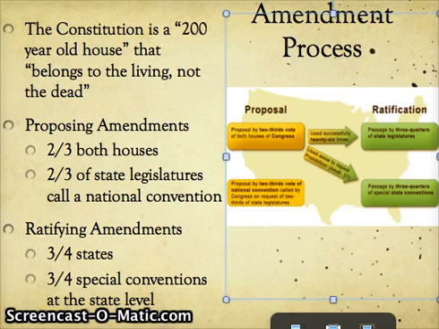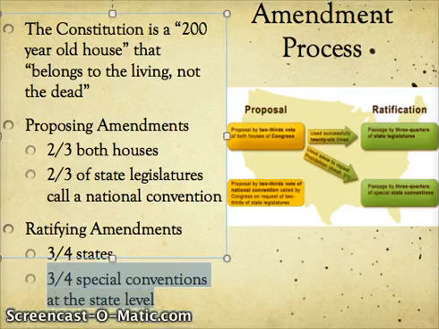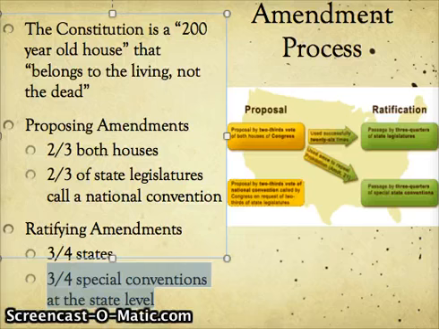The other way is a 3/4 special convention at the state level, which means the state will hold a convention in its capital, like Richmond, and the people in the state will attend the convention, and the people will vote on whether or not to ratify that amendment. So that takes some of the responsibility out of the legislators' hands and puts it into the hands of the people of the state. Now that's happened for the 21st Amendment. So they allowed the people of the state to decide to end prohibition.